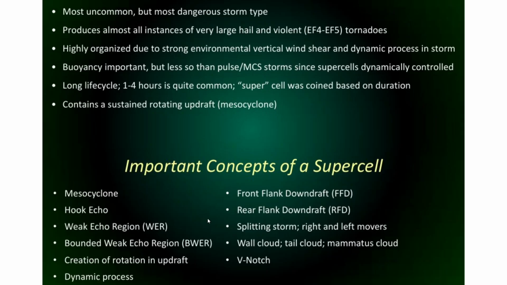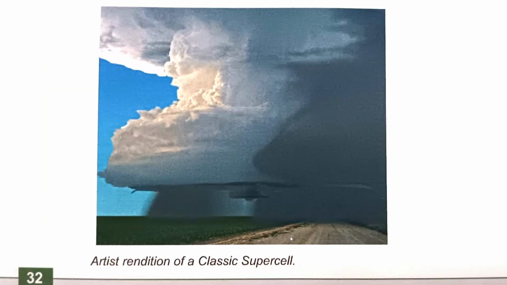Now, important concepts of a supercell are mesocyclones, hook echoes, weak echo regions, bounded weak echo regions, and then the creation of rotation and updraft, dynamic process, forward flank downdraft, rear flank downdraft, splitting storm, aka left and right movers, wall clouds, tail clouds, and Amatis clouds, and a V-notch.